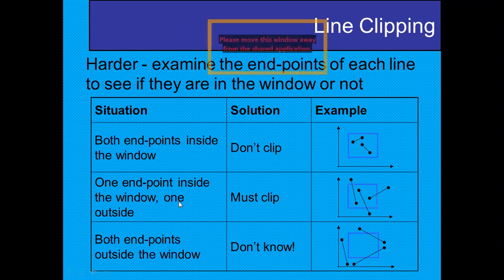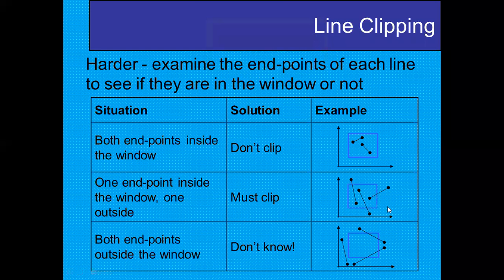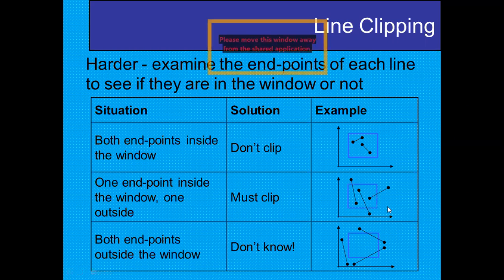Now come to the second situation: one endpoint inside the window, one outside. In all three line segments you can check and see that this line is crossing this window side, again this line is crossing this window side, intersecting at a particular window edge. Here there is a need to clip the portion.